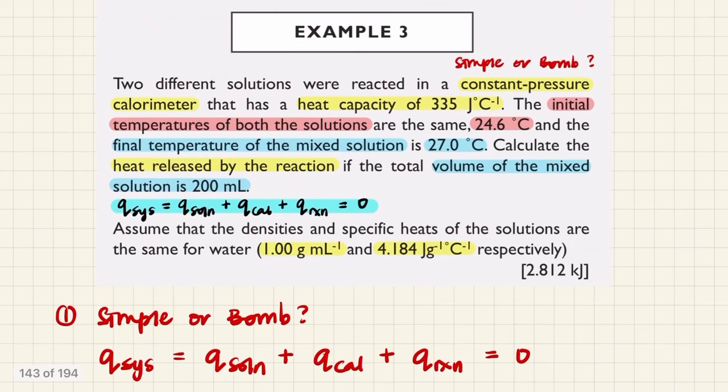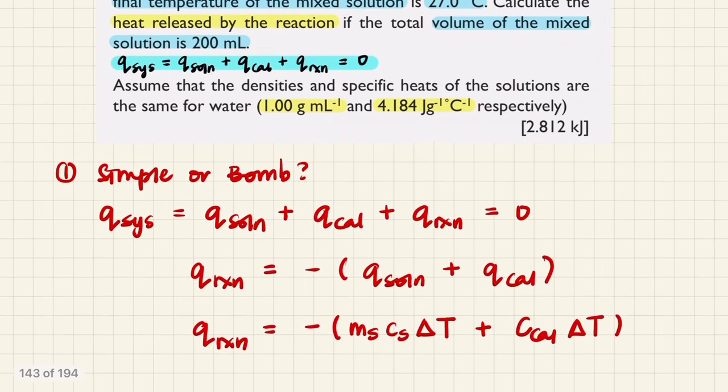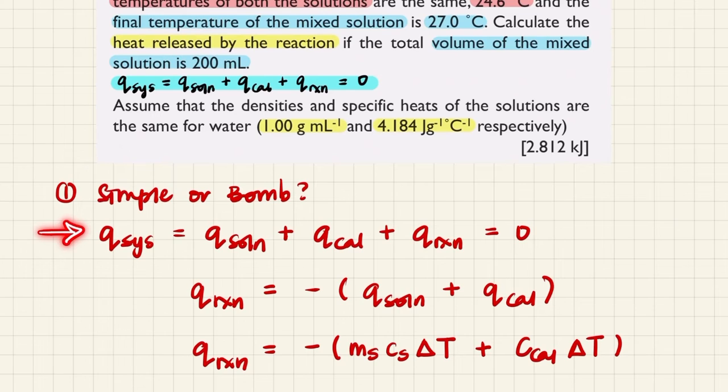To answer this question, first of all, you need to know what calorimeter this is so that you can identify which formula to use. Constant pressure means it is the simple calorimeter. So we are going to think of this equation and automatically get this formula. The heat released by your reaction is absorbed by your solution and your calorimeter.